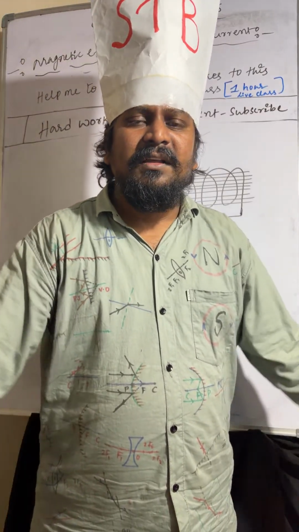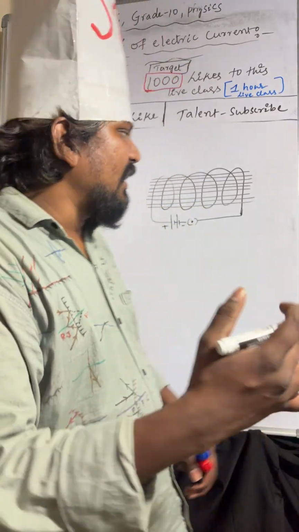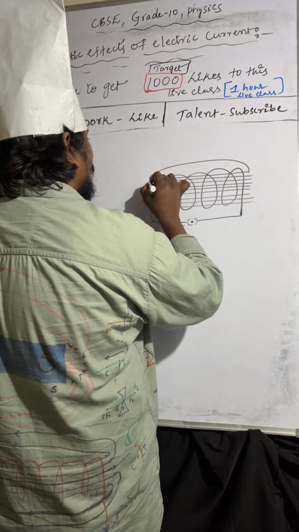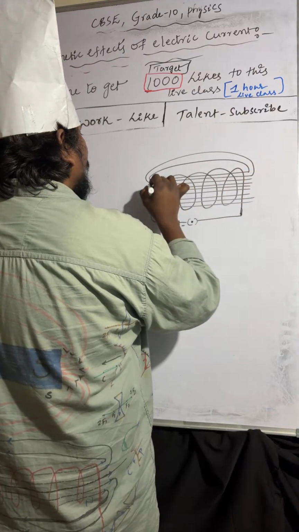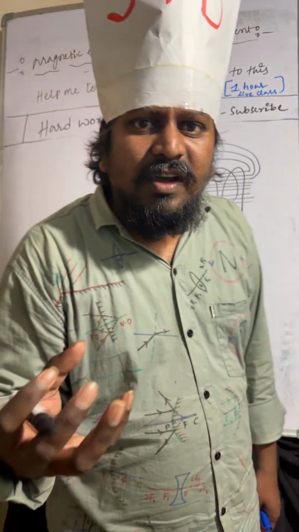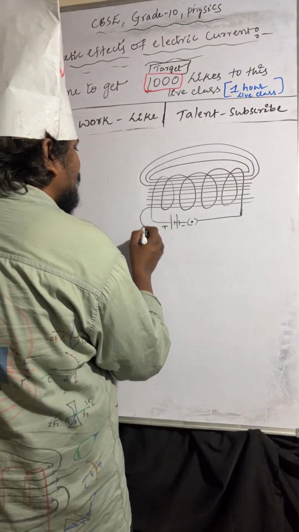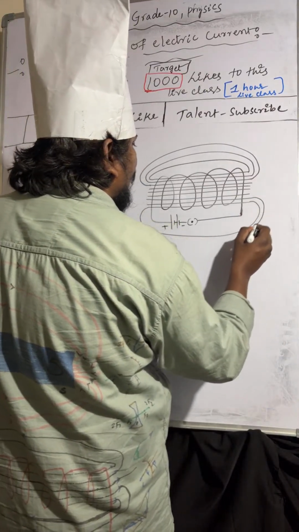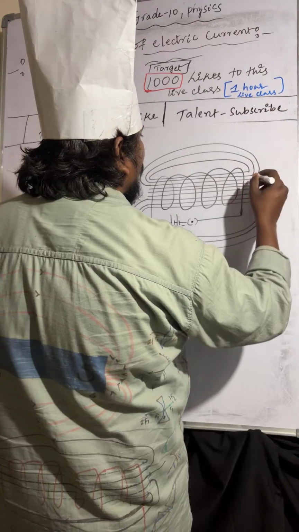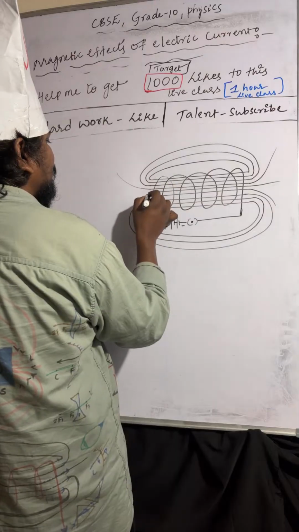Three lines you have to connect here, like this. Three lines you have to connect like this. And three lines you have to connect downward. Yes, you have to connect the remaining three lines like this.